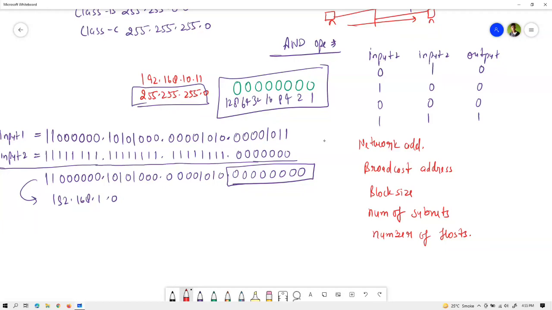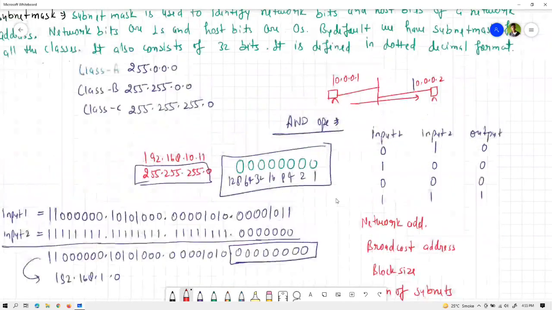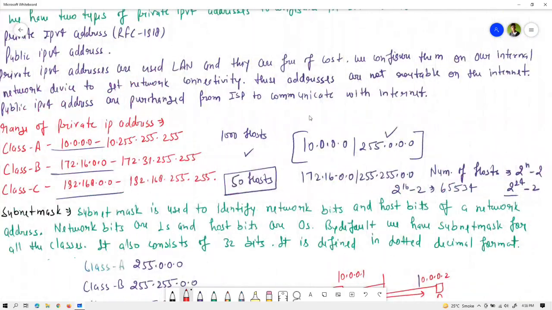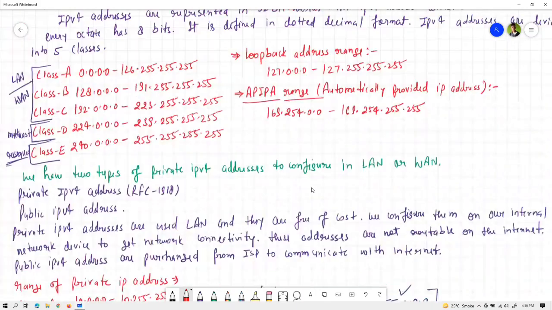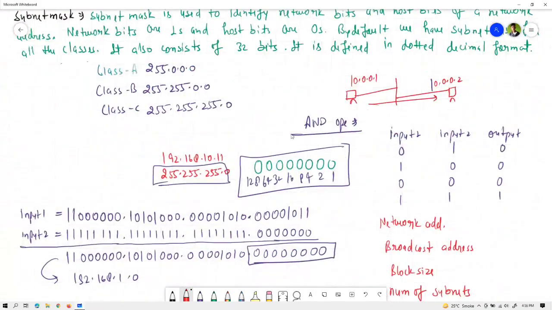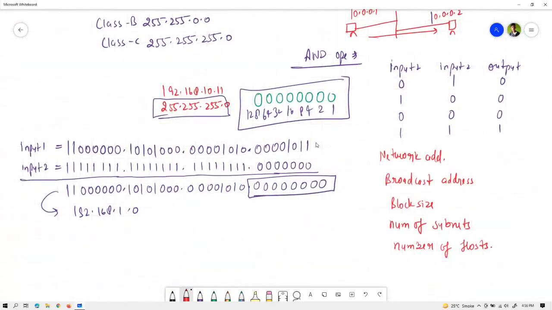Okay, clear. So we will discuss all these things, and we will do subnetting for some network addresses and some requirements. Different types of subnetting questions will be discussed, because anyone can give you an IP address like this and ask you that I need 26 subnets.